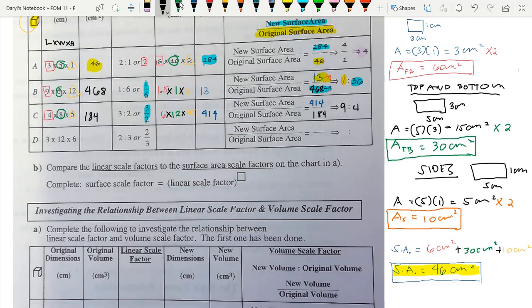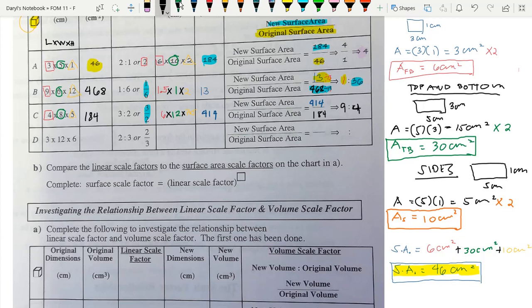So I'm just trying to reduce the fraction 414 all over 184. So again, what I did there is just simplifying my fraction.